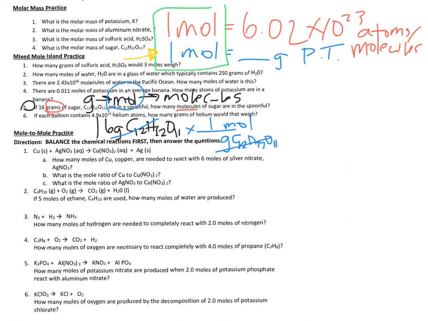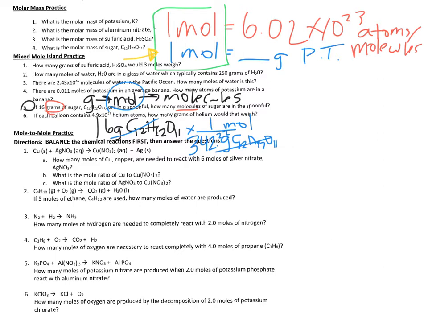Then we add 22 times 1.01 for the hydrogens. And then we'll add another 11 times 16 for the oxygens, and you should end up with 342.22 grams.